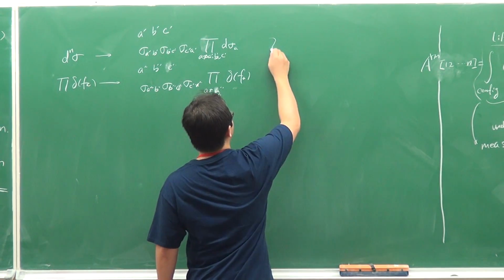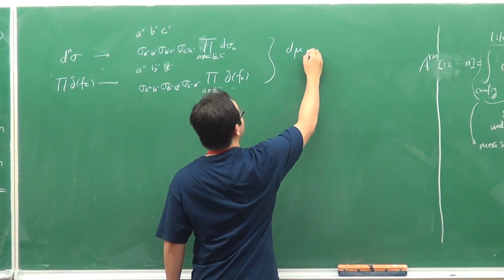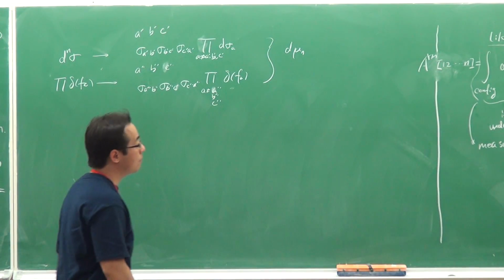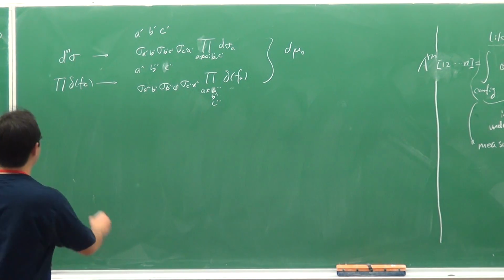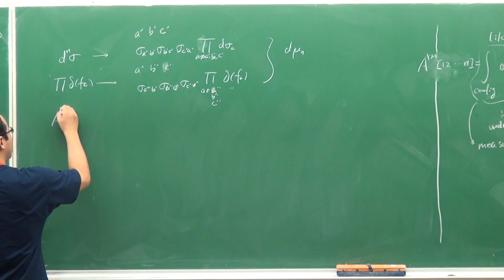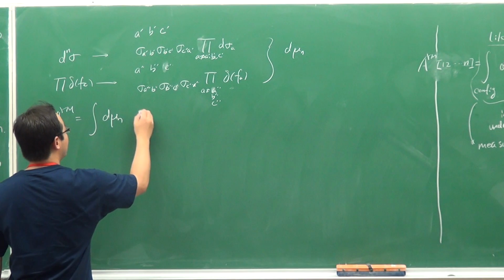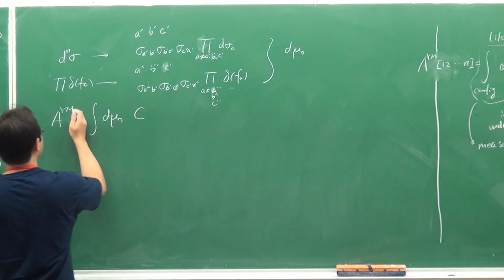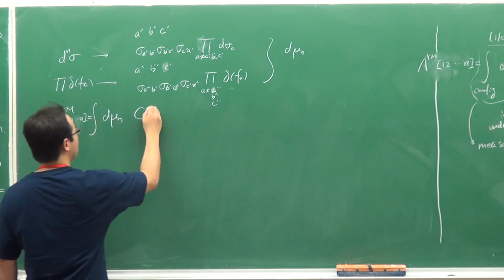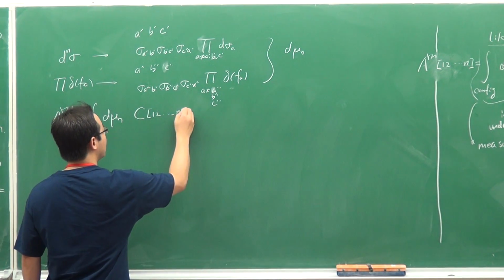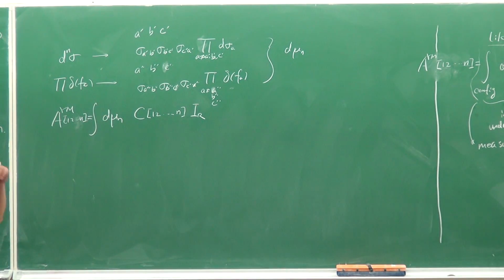And in combination, according to the previous notation, I'm calling this whole part d mu n. And so in general, we have this expression.